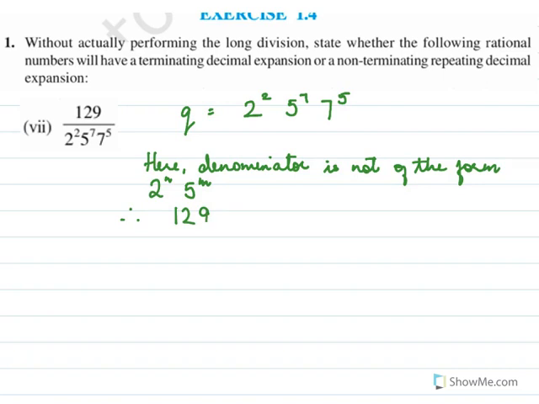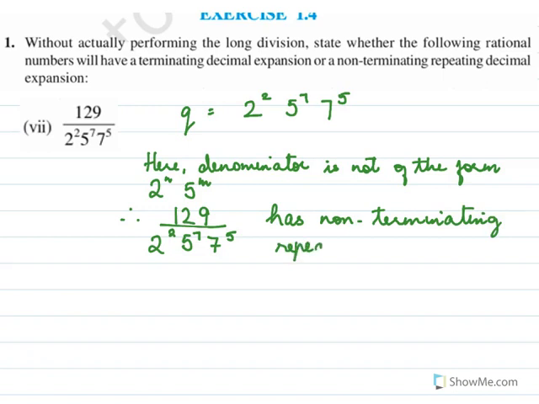Therefore 129 over 2 raised to 2, 5 raised to 7, 7 raised to 5 has non-terminating repeating decimal expansion.